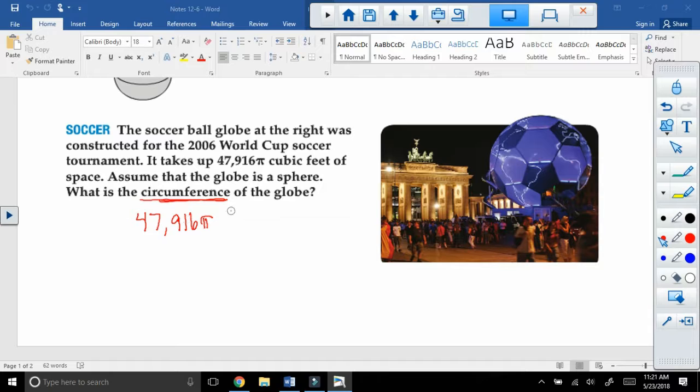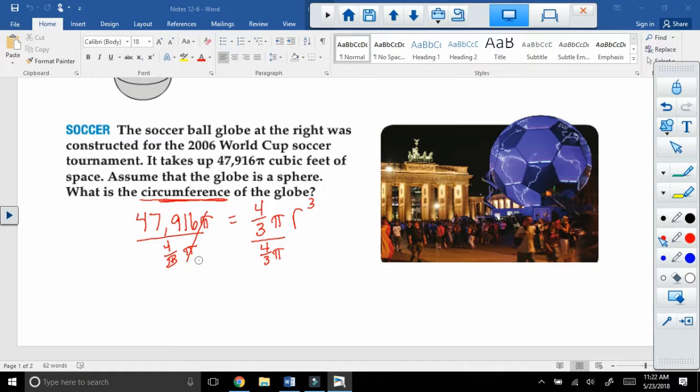So this is the volume. I'm going to set that equal to 4/3 pi times the radius cubed. And then I'm going to divide by 4/3 pi. The pi's cancel out.